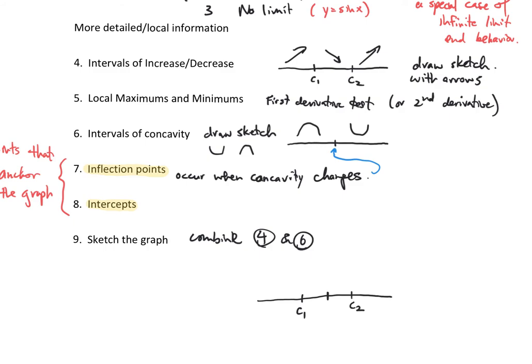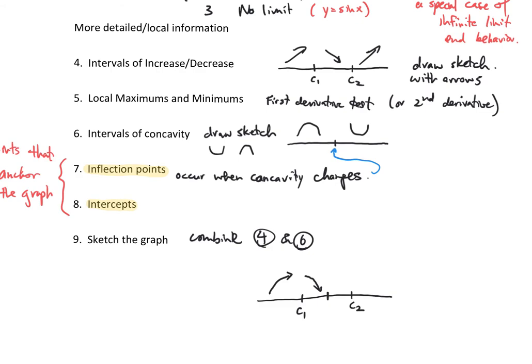So I'm going to draw a curved arrow, not just a straight arrow. Then for the second piece, my function is decreasing and concave down. So I draw another curved arrow, decreasing and curving downwards like this.